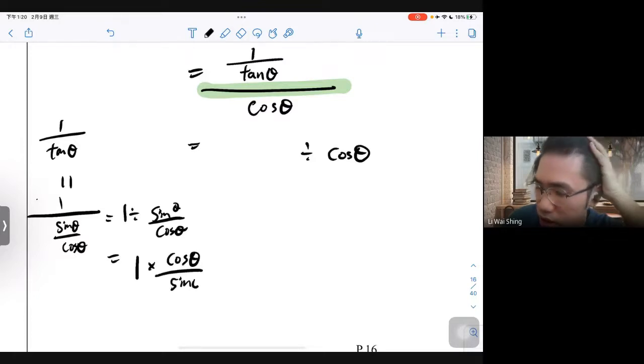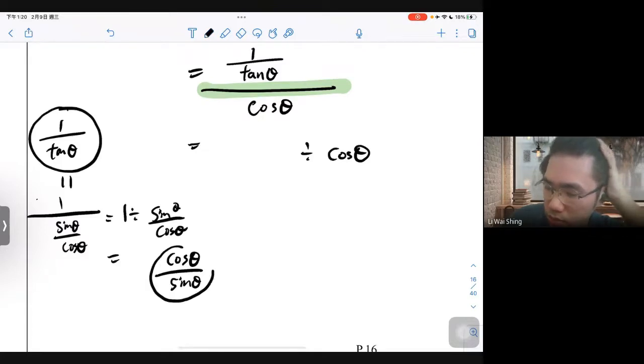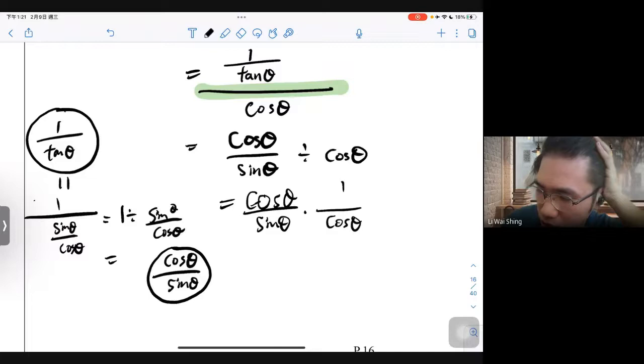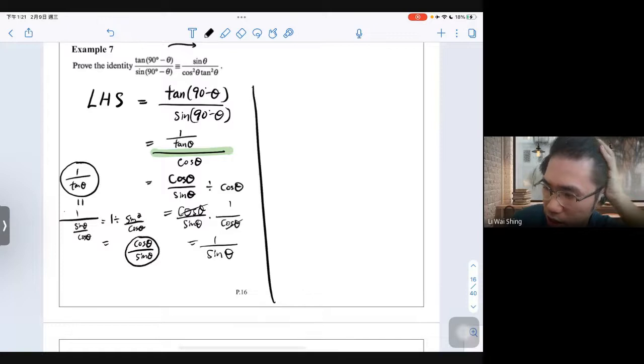Cosine theta over sine theta. So these two things are equal. You can just write cosine theta over sine theta. Multiply by cosine theta in the denominator 1 here. So cancel it, it equals 1 over sine theta at last. The left hand side looks like this.